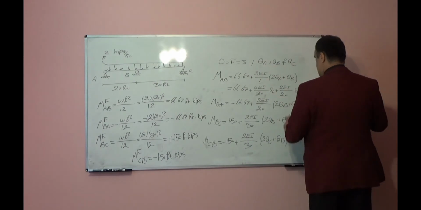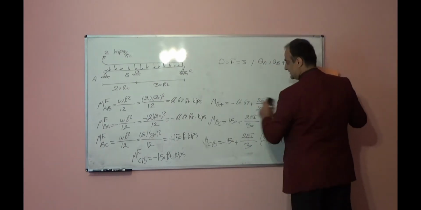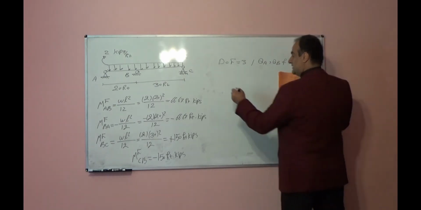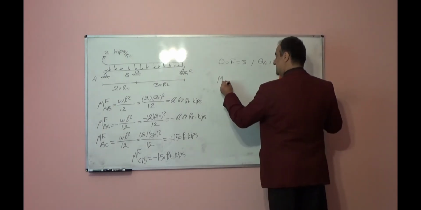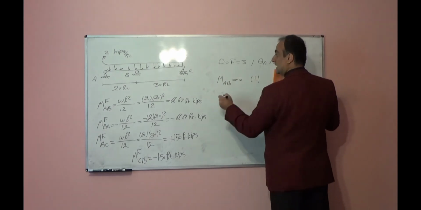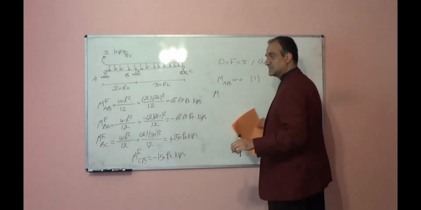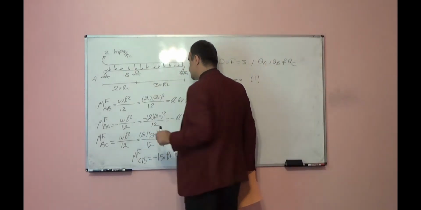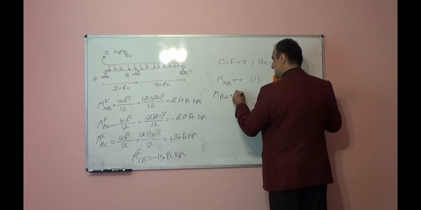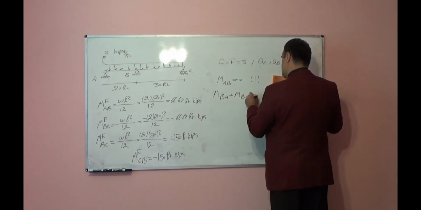What are the equations? Let's write the equilibrium equations. One of them we know, MAB is equal to 0. This is one equation. Another equation, because this is a rigid continuous joint, MBA plus MBC should be equal to 0.